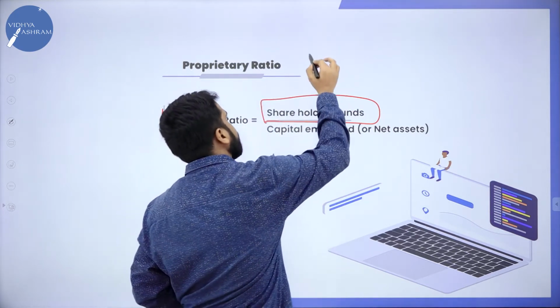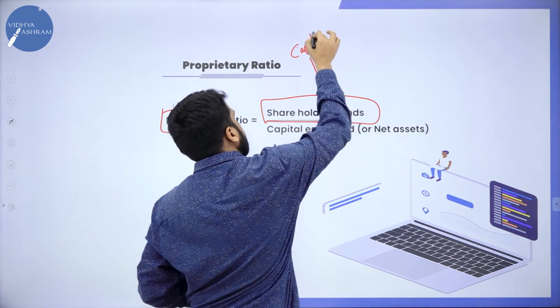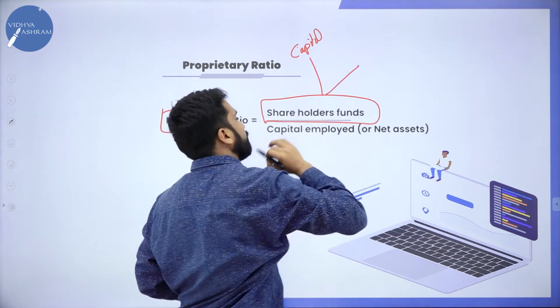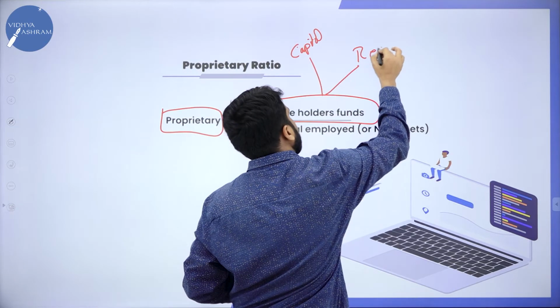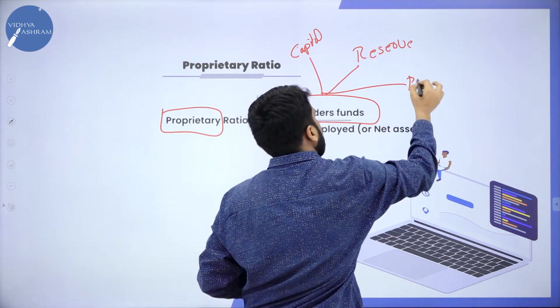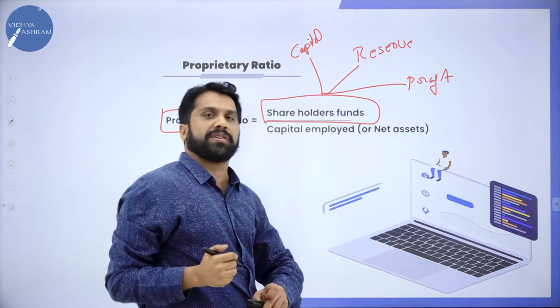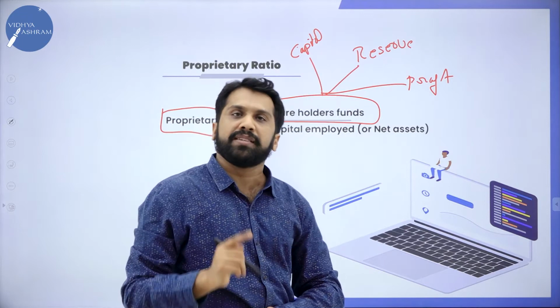First, your capital. Second, your reserve, and third, your profit and surplus. These three we call shareholders fund.